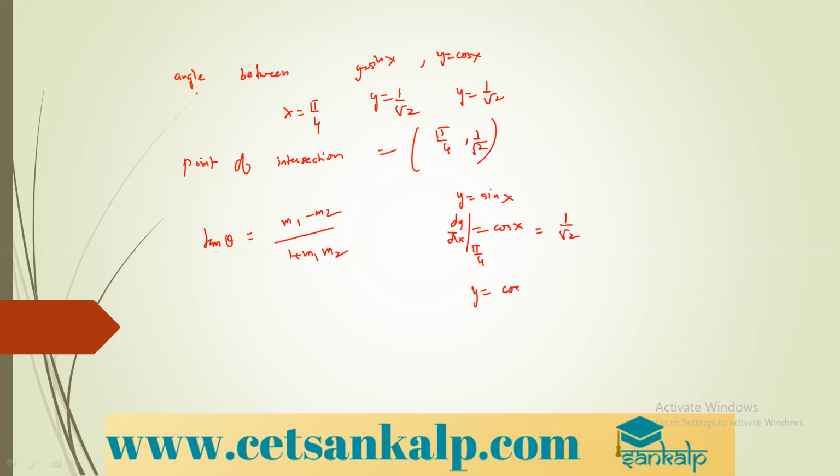Similarly, if you take cos x, dy by dx will be minus sin x, and at x equal to pi by 4 it will be minus 1 by root 2. So we can take one as m1 and the other as m2. So tan theta is m1 minus m2 by 1 plus m1 m2.